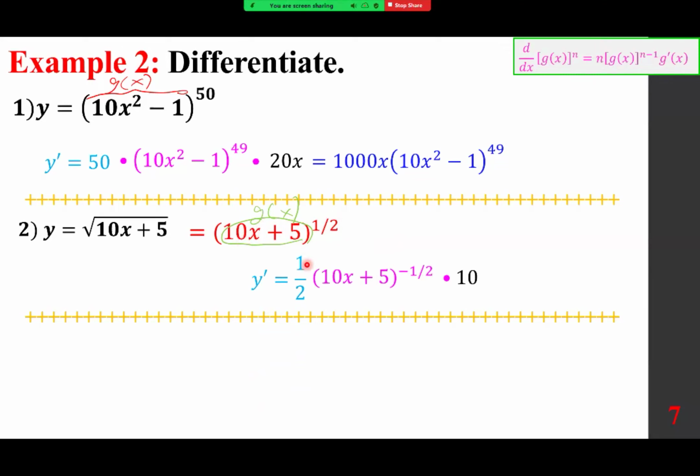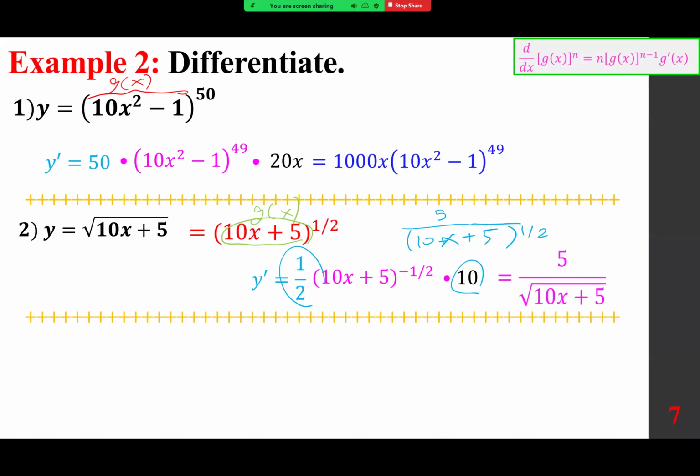The product of 10 and 1/2 is a 5. So we can write 5 and take 10x plus 5 to the denominator and change the exponent to positive 1/2. And of course, we are going to put it in the same format we received, okay?